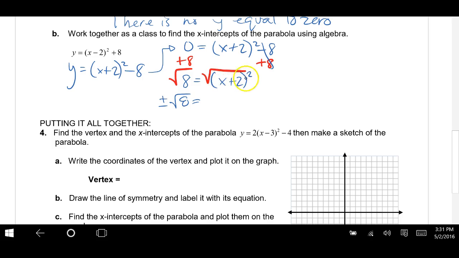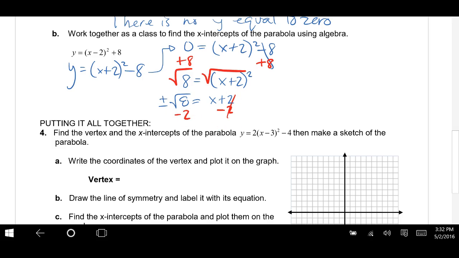And when you square root parentheses that are squared, it's going to be x plus 2, because when you square root two factors that are the same, you're only left with one. Remember, this is x plus 2 times x plus 2. Now we're going to solve for x. So let's subtract 2 here, because it's plus 2.